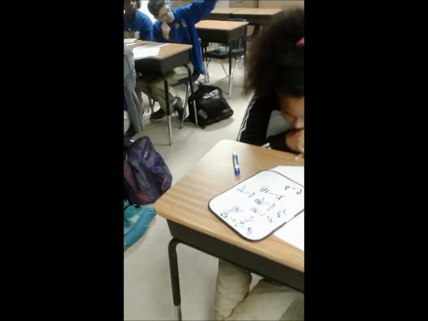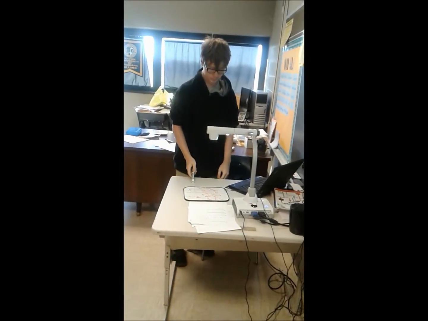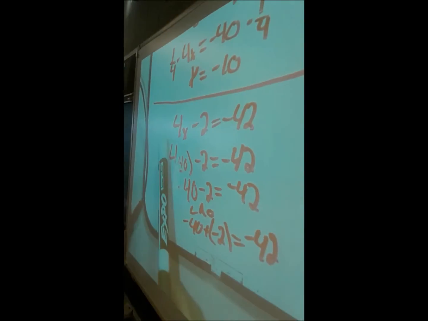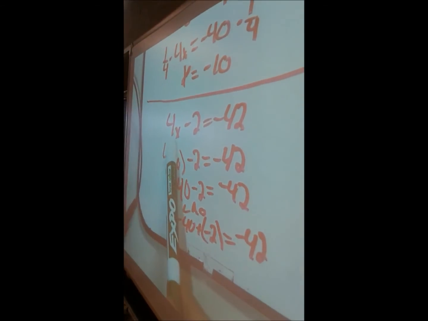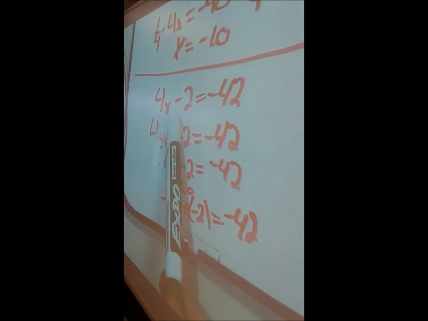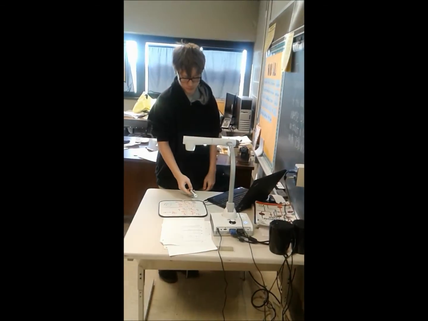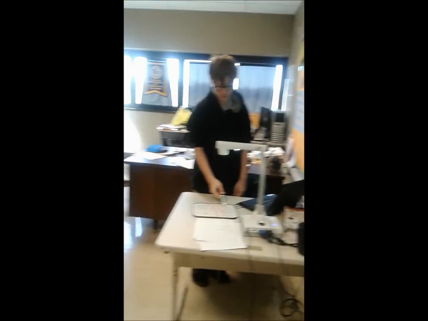Did anyone check their work? Okay. Thomas, bring it up and show us where you checked your work, because that's important. Tell us what you did to check your work. You're supposed to rewrite the problem, so it will be 4x minus 2 equals negative 42. And then you substitute the x with negative 10.